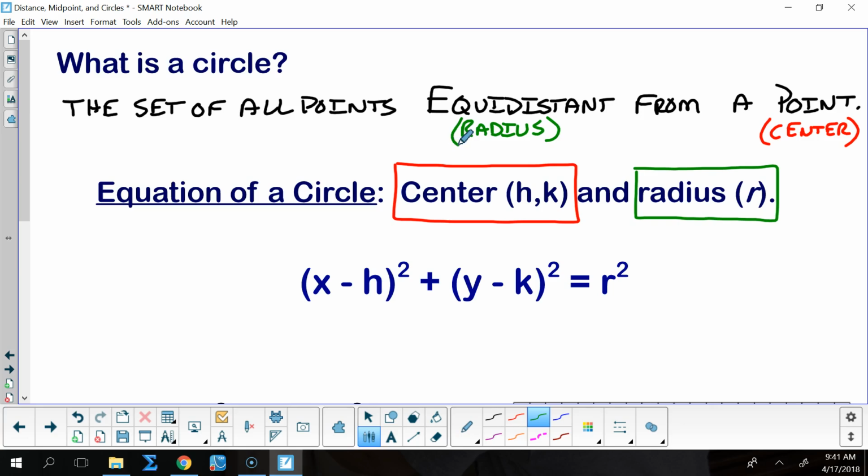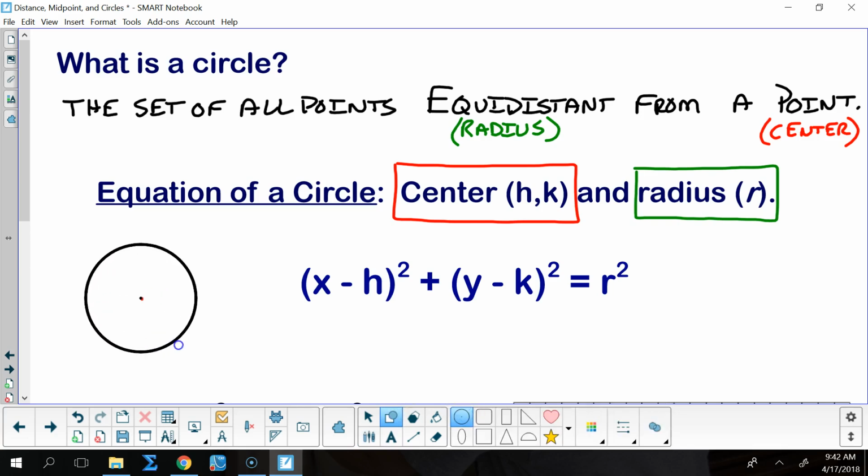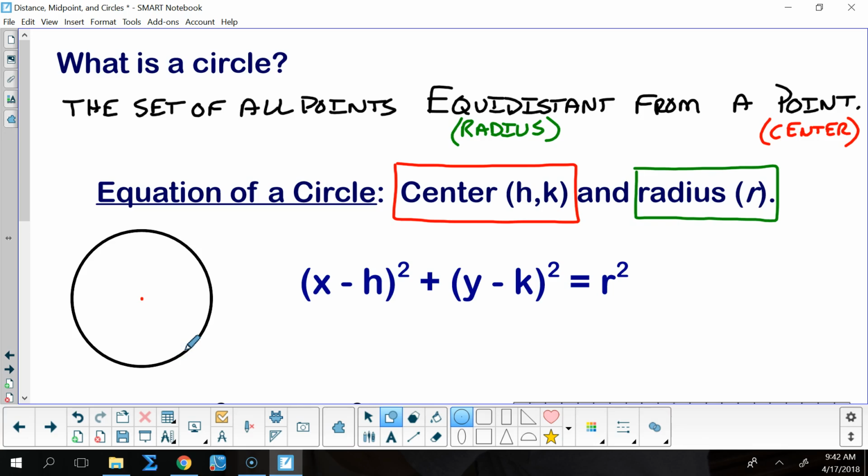So if you think about it, we've got a point in space somewhere, right there. And then the radius is the distance from that point out to the circle.